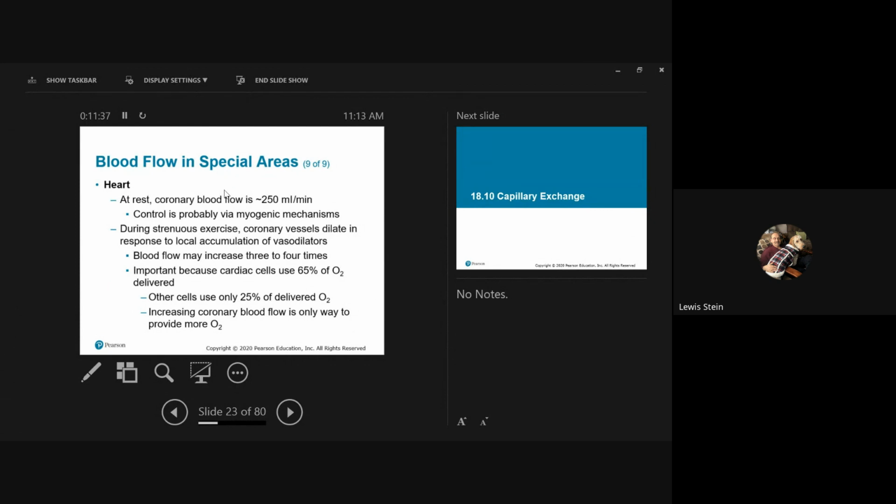So, a variety of different controls. Okay, important because cardiac cells use 65%, other cells only about 25%. So, during strenuous exercise, the coronary vessels dilate. So, typically, when your blood is being delivered to the tissues to give up oxygen and nutrients, pick up carbon dioxide and waste products, and we'll see this in the next sequence of slides, we're only given about 25%.